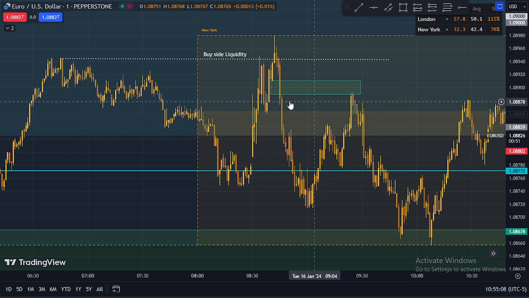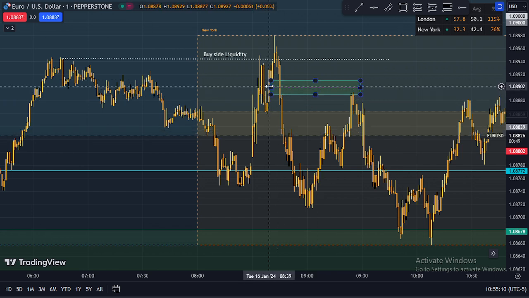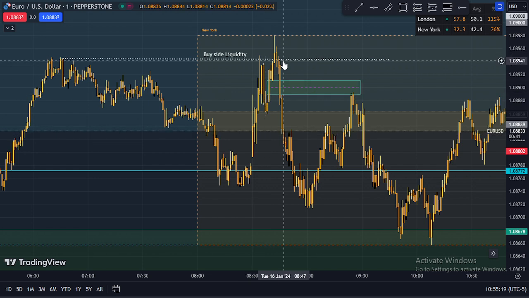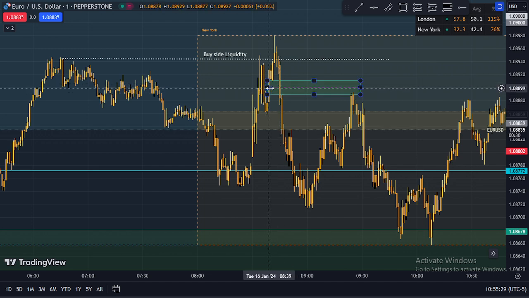So to me, this is a balanced price range. We had a single pass to the upside and then a single pass to the downside. So this fair value gap will act as a breakaway gap because this is already balanced.